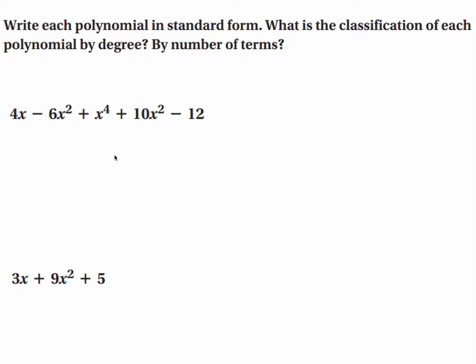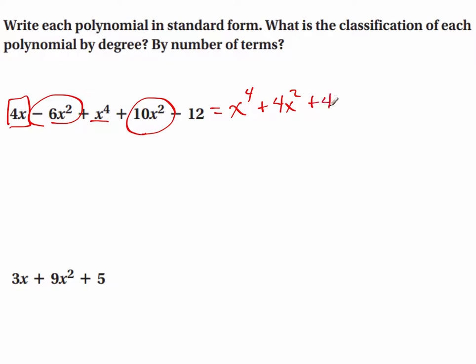The first thing you want to do when you're given a polynomial is write it in standard form. So you want to look for the highest power, and that's x to the 4th. Okay, I don't have any cube terms. I have 2 x squared terms, so I'm going to combine those. I have a linear term. And then I'm left with the minus 12.